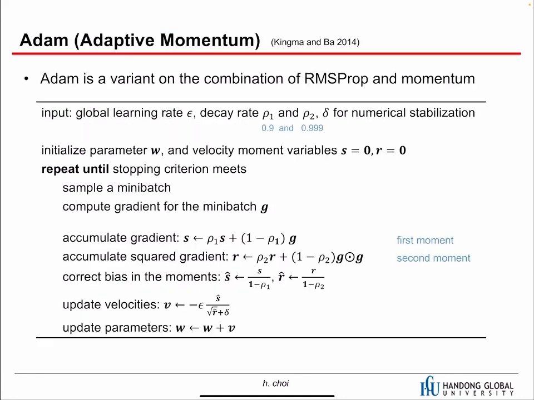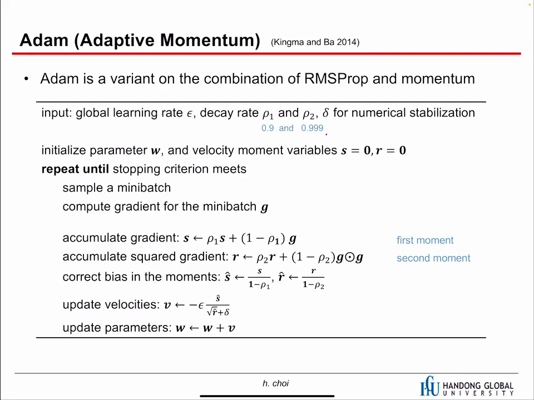And the next one is Adam. Adam is another really popular learning algorithm. Adam is a variant combining RMSProp and momentum. So we have other parameters, rho 1 and rho 2, and we have the first moment and second moment, s and r.